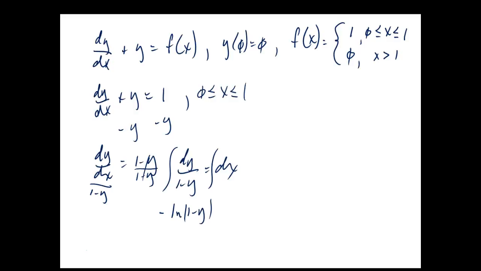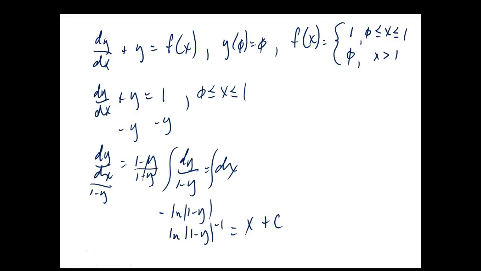Okay. Which you can also write as log of 1 minus y to the minus 1. And this is equal to x plus c. Let's put our plus c in there.